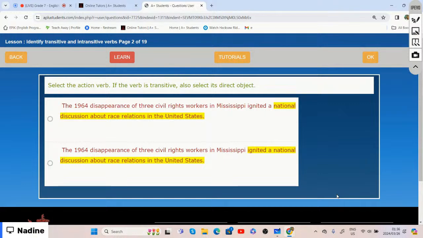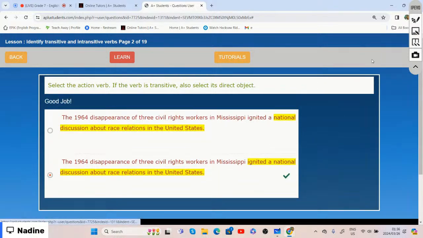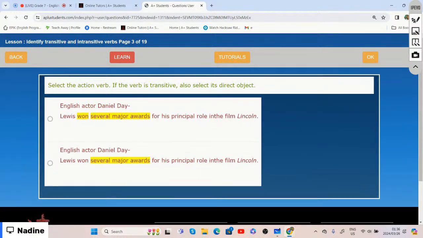We need to choose the correct one, the action verb. All right, so we will say ignited a national discussion about race relations in the United States.